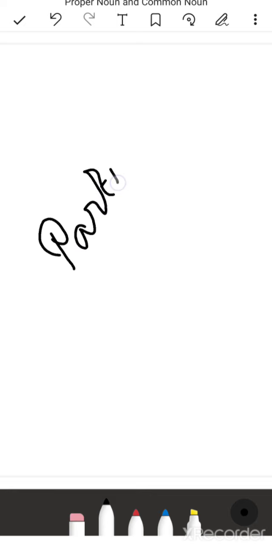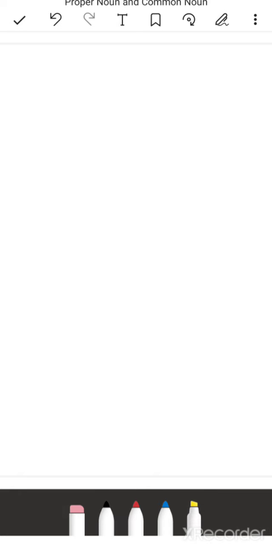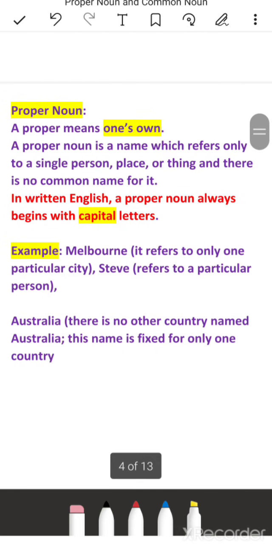We want to know the particular name of the place, the particular name of the child who did it. That means a particular name given to a person, to a place or to a thing is a proper noun, somebody's own name.